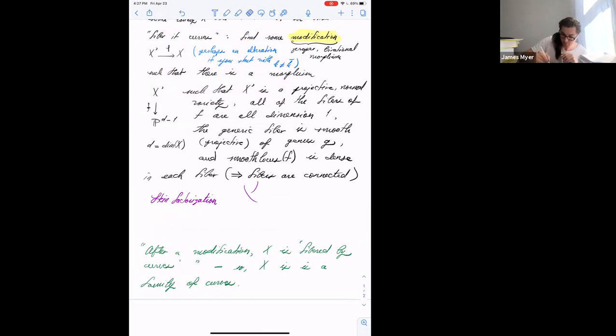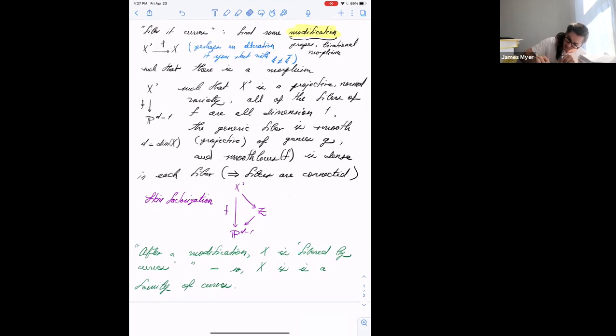So the Stein factorization of F, actually. What I'm going to do is form some intermediate variety between these. And the way that this intermediate variety is constructed is by taking the fibers of F, which might be some curves that look like this. This is not a good picture.